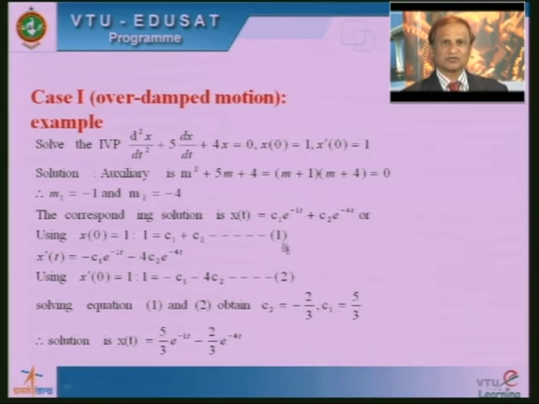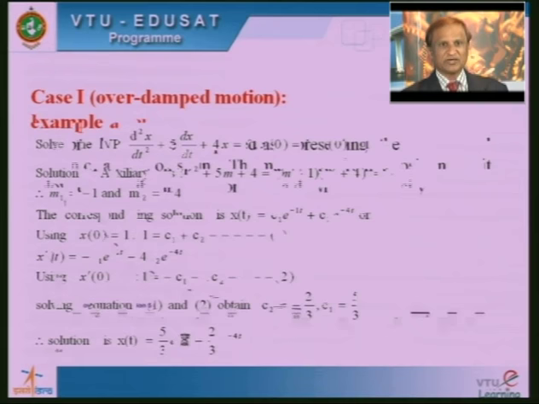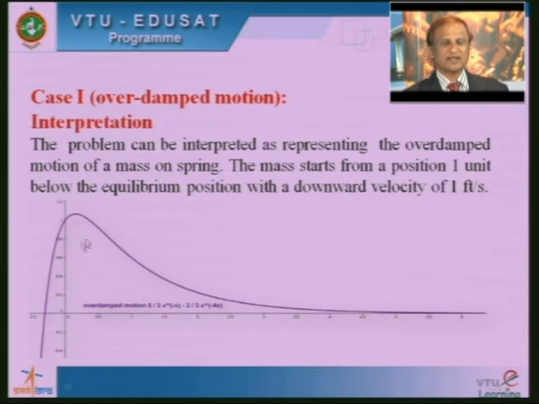Now we want to solve these two equations, and by solving them in the usual manner we can obtain the arbitrary constants: c2 is equal to minus 2 by 3 and c1 is equal to 5 by 3. I can substitute these values in the solution, and you will get the particular solution.